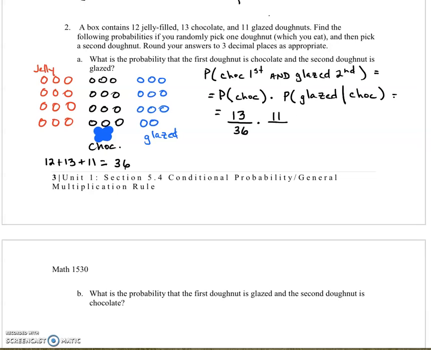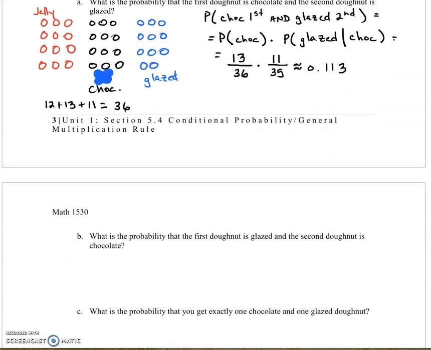Well, we ate one, so we only have 35. So we put that in the calculator, and we get approximately 0.113. So this is another way of seeing graphically what's going on.